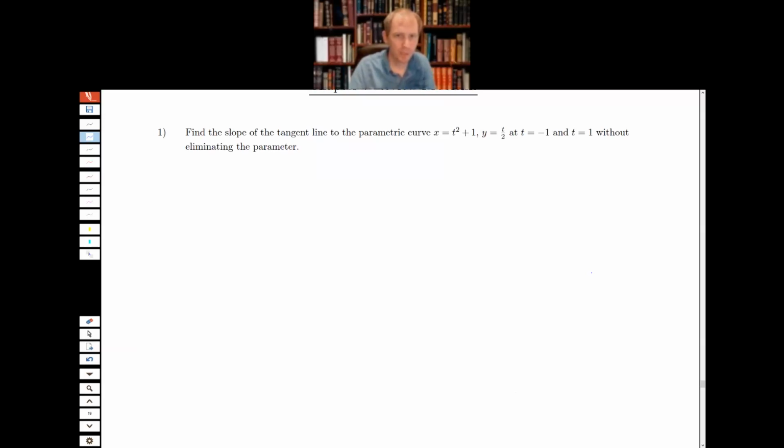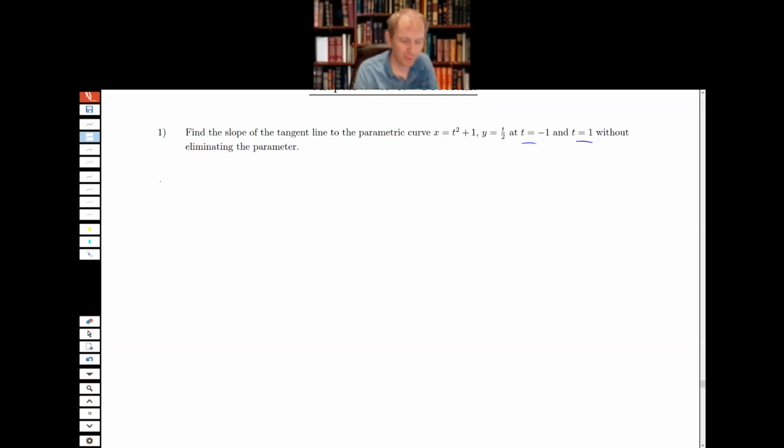Find the slope of the tangent line to the parametric curve x equals t squared plus 1, y equals t over 2, at t equals -1, and at t equals +1 without eliminating the parameter. So this is two different t values. That means two different tangent lines. Okay, so I know that to find the equation of a tangent line, I need a point and I need a slope.